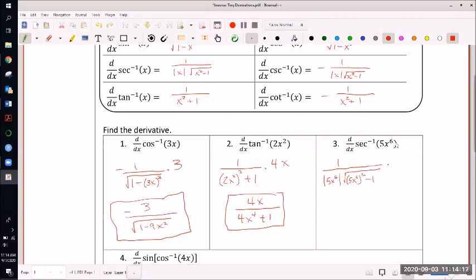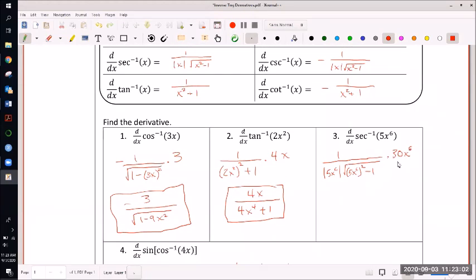And then I multiply by the derivative of the inside, which is 30x to the 5th. Okay, when I simplify this, notice that the absolute value of 5x to the 6th will always be positive because it's an even power. 5 will always be positive, and x to the 6th will always be positive. So I can eliminate the absolute value signs.